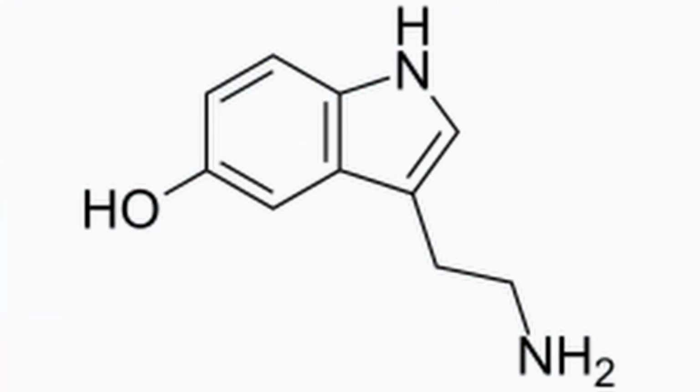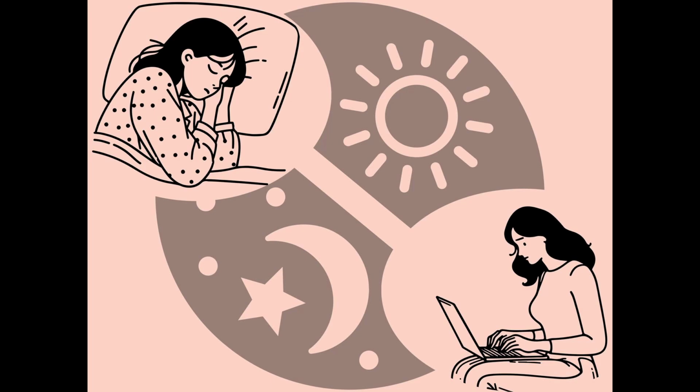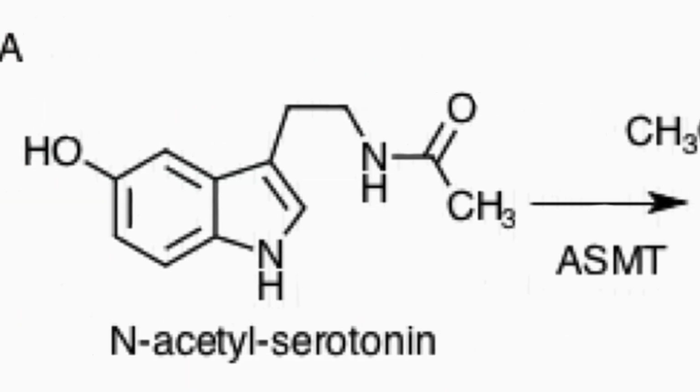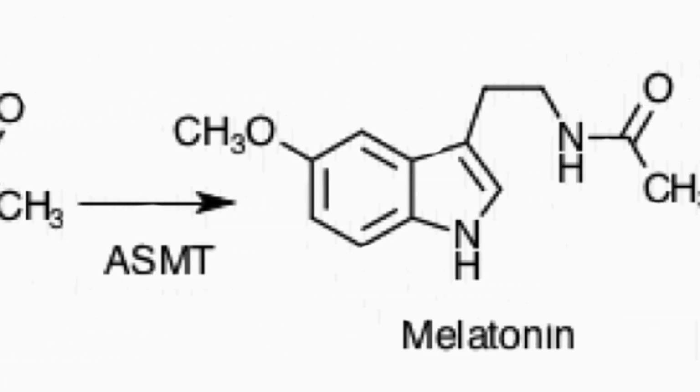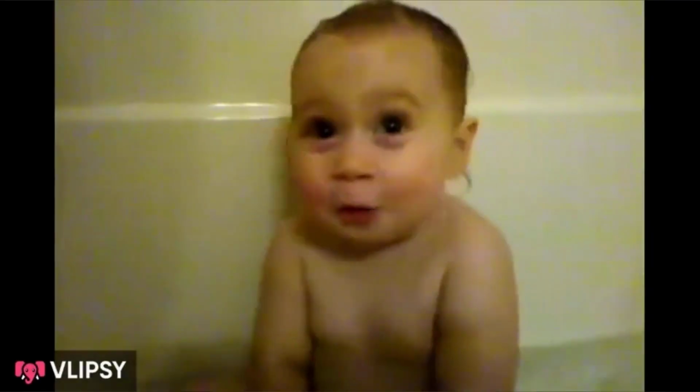Serotonin. The happiness molecule, as many would say, although low levels of serotonin alone cannot induce depression. What fewer people know is that serotonin is important for circadian rhythm too, because it can be used to produce melatonin, the hormone that puts you to bed. Hopefully not during my video.